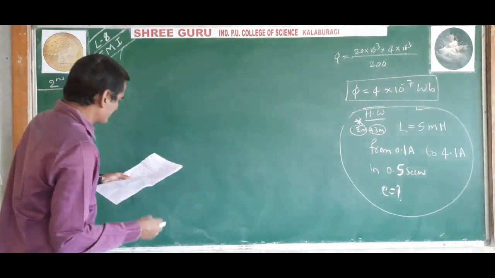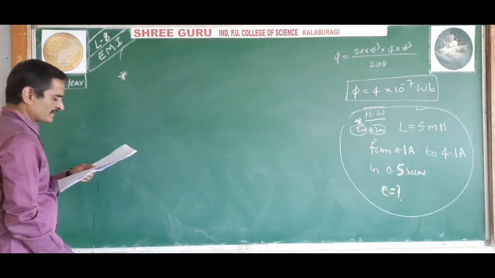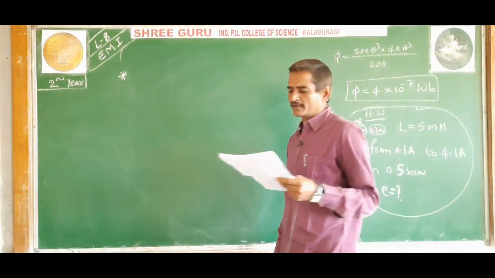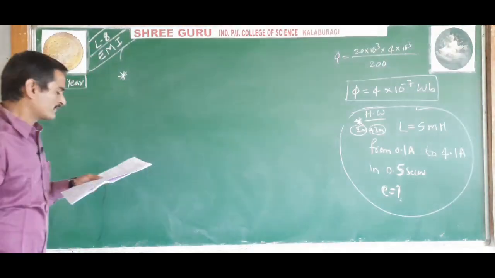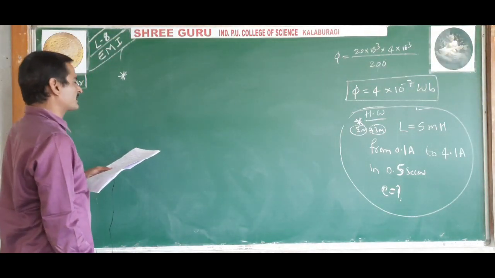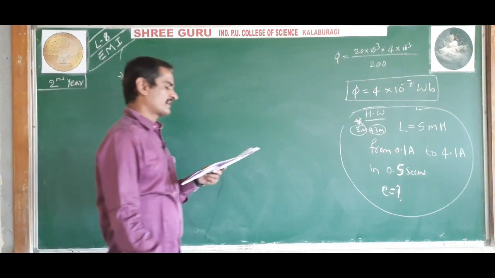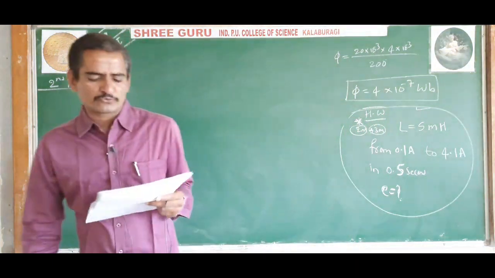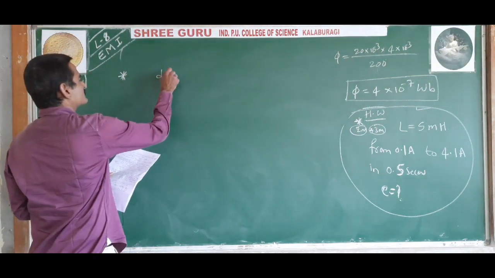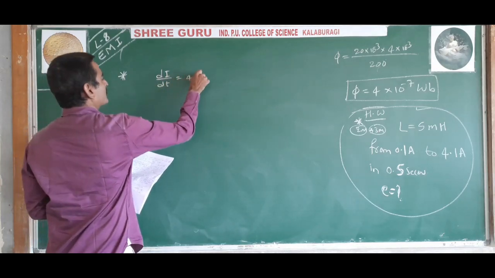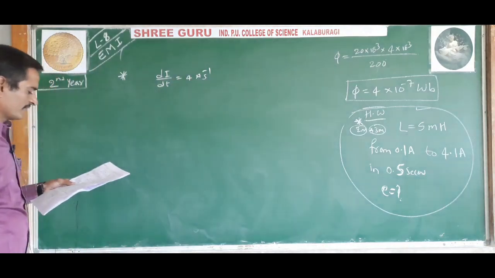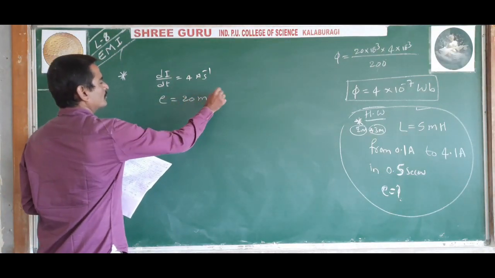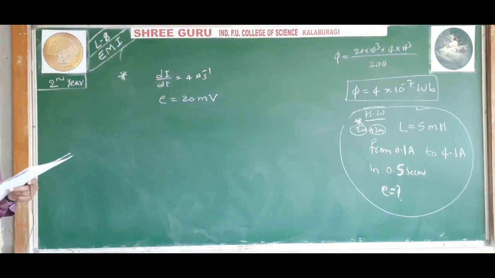Write down the next question. Next question, homework. If a rate of change of current of 4 ampere per second induces an EMF of 20 millivolt in a solenoid.